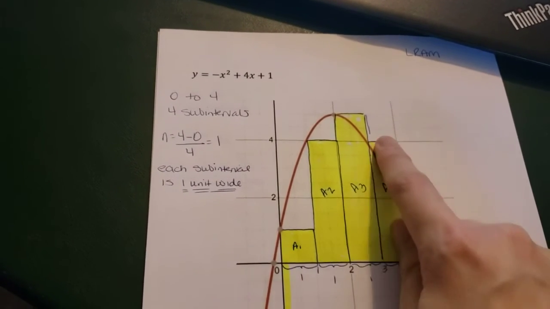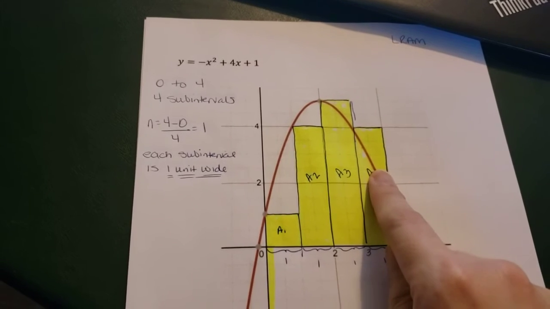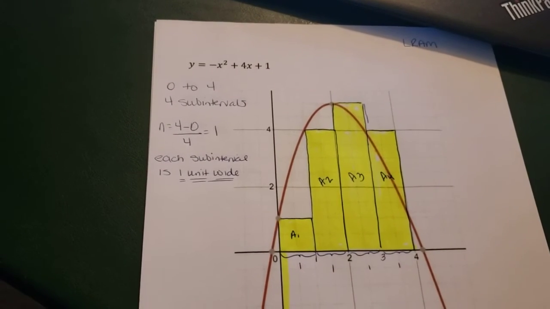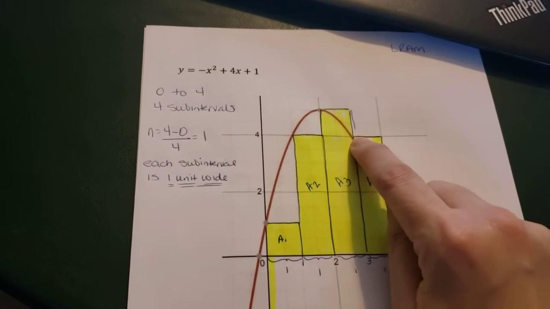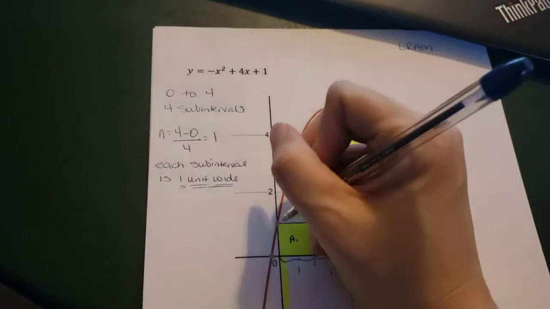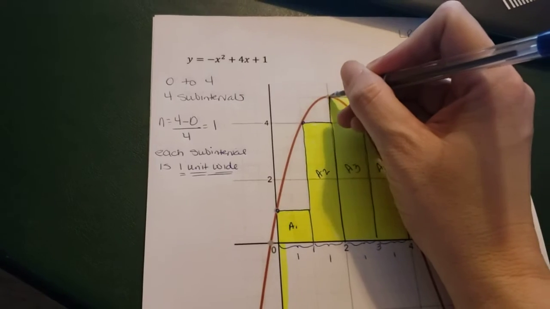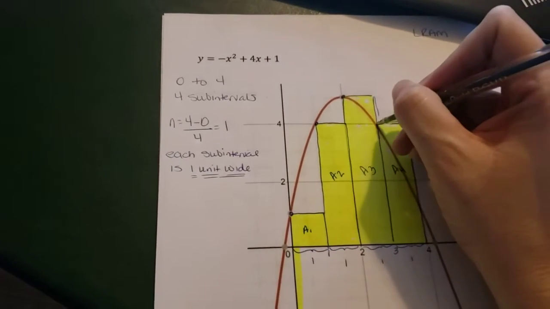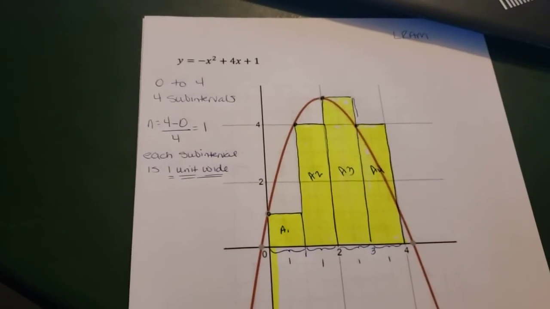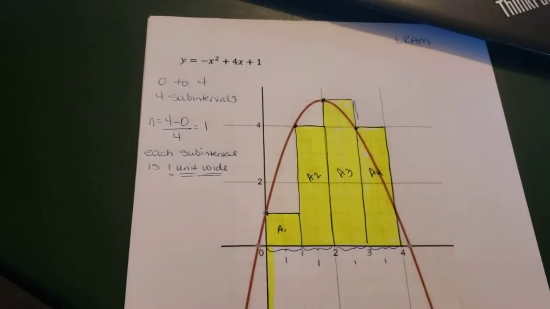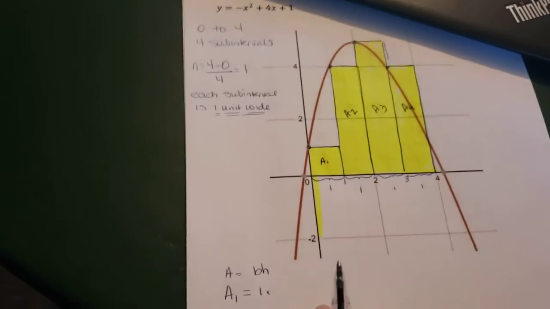As you can see over here, there's a bunch of rectangle outside the graph because, again, we want our left side to touch. So when we figure out the heights of these rectangles, we're using the left side of the rectangle. I laid that out down here.